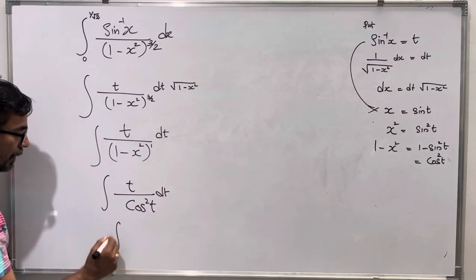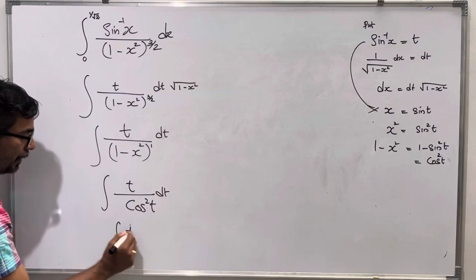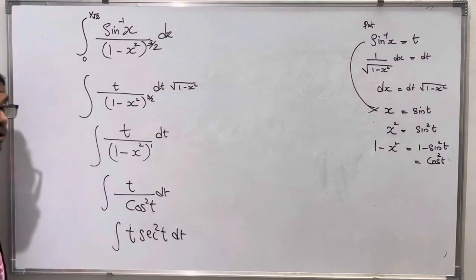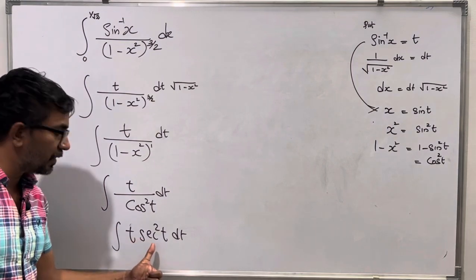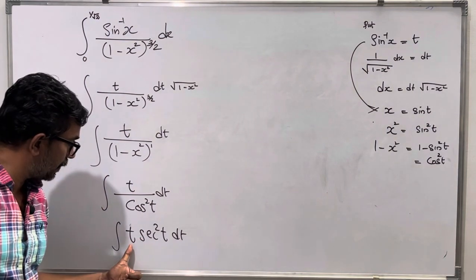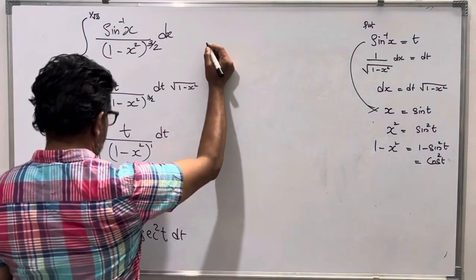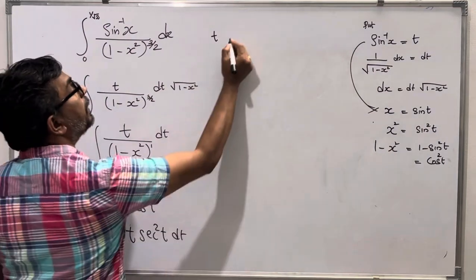So this will become integral of t into sec square t dt. Now you have to do it by integration by parts: algebraic function into trigonometric function. Algebraic, then trigonometry. So when you do by parts, this will become first function into integral of the second, which is tan t.